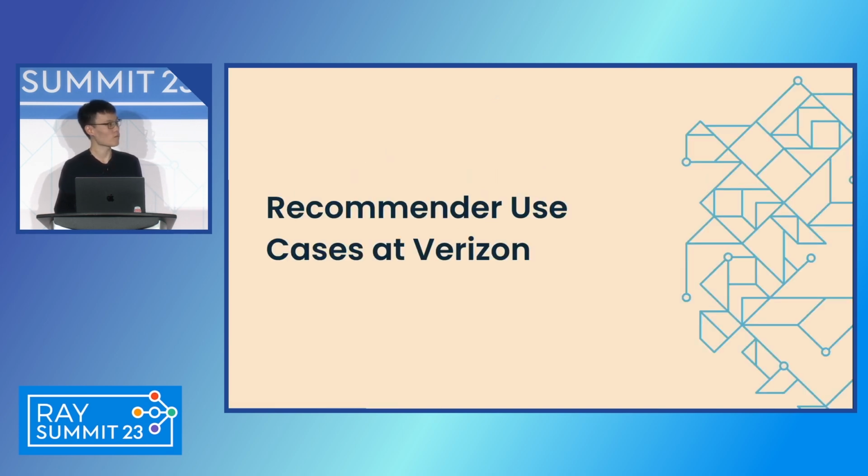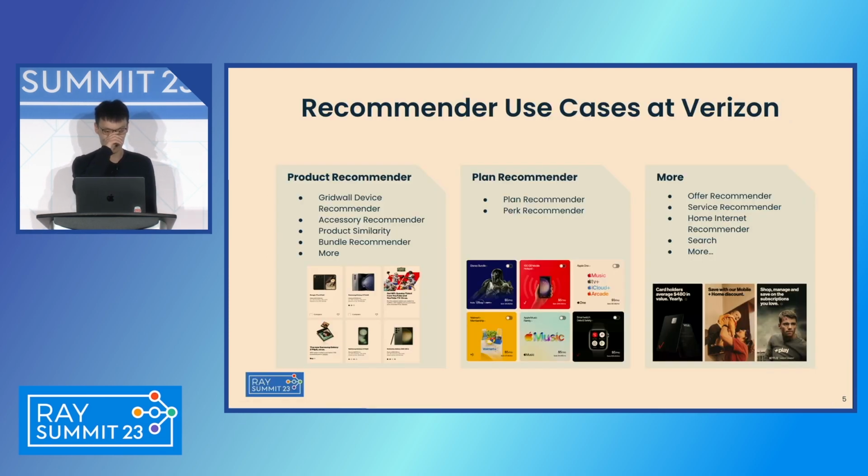First, we will talk about the different recommender use cases. Verizon being a telecom, we actually have lots of different recommender use cases in production. The first category is product-based, very similar to the common e-commerce or retail product recommender.